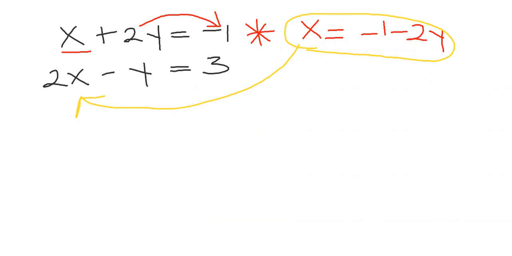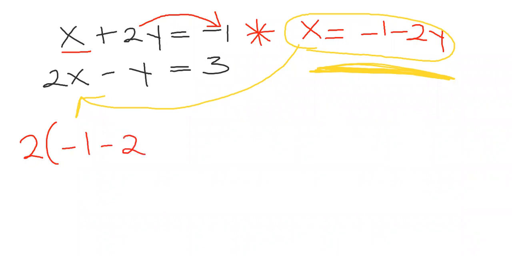Instead of writing x, you are writing this x, because now your new x is -1 minus 2y. Now we are going to rewrite our equation. Rewriting our equation, we get 2 times (-1 minus 2y), then we continue rewriting our entire equation, then minus y, then this is equal to 3.